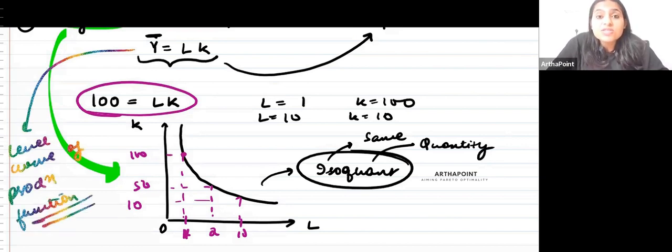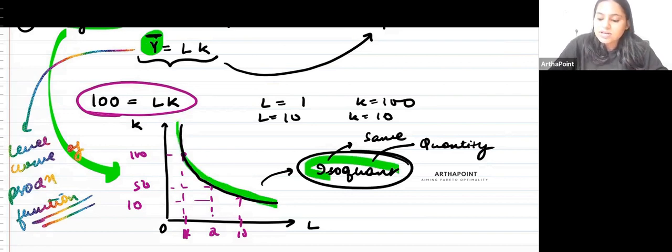If someone asks you why not a production function, because it is 3D, it is difficult to draw. Therefore, from a production function, we want to draw a 2D diagram. To draw a 2D diagram, we want to hold output constant, and therefore what we get becomes an isoquant.